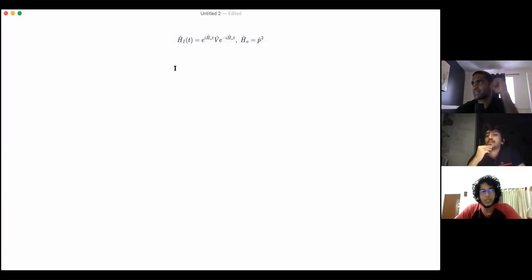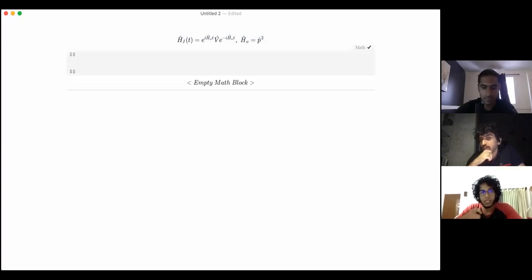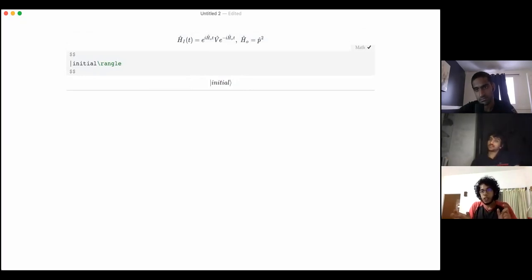So you're just doing the bracket thing, sandwiching V between H naught. Whenever you want to compute the final state, you multiply V with the right side bracket, and whenever you want the initial state, you just do the conjugate of that.